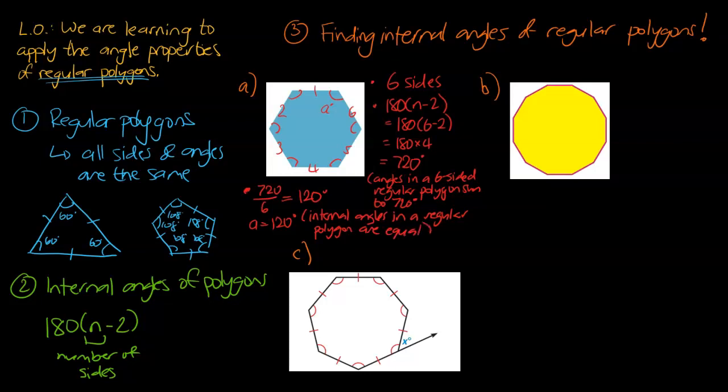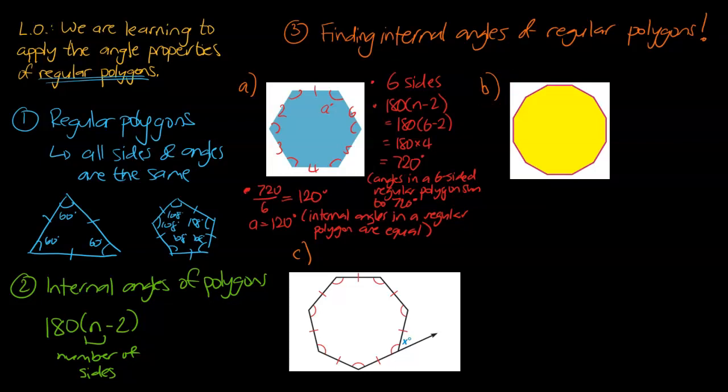So all of them are exactly the same. For those two reasons, 6-sided shapes summing to 720 and all of the angles being equal, we were able to figure out that A is equal to 120 degrees. That's our first shape. These are fairly complicated, but let's have a go at another one.